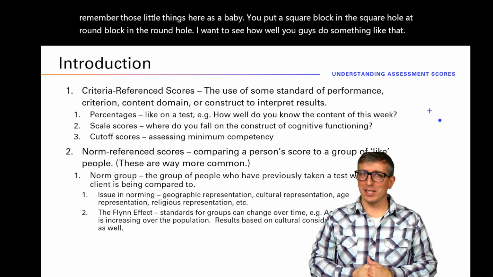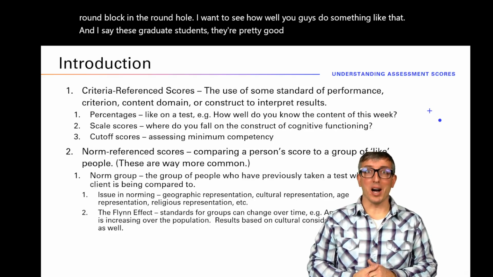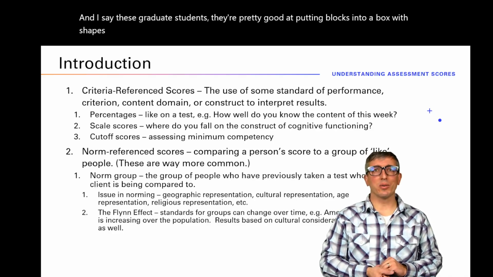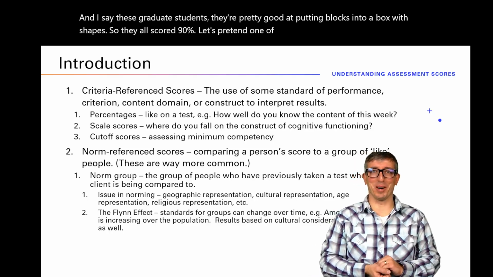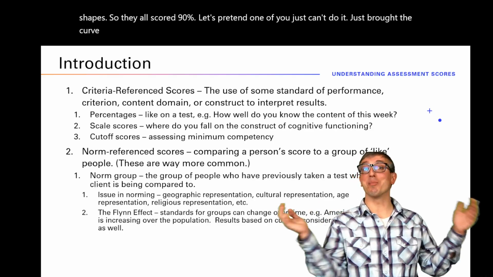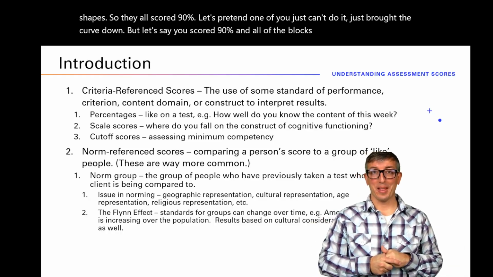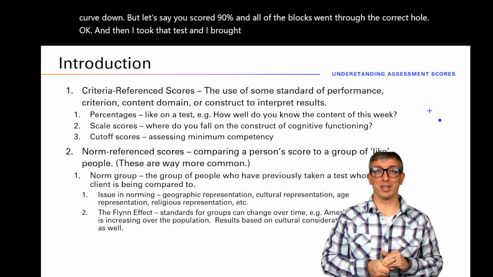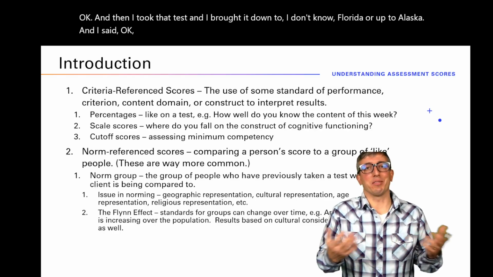And I say, well, these graduate students are pretty good at putting blocks into a box with shapes. So they all scored 90%. Let's pretend one of you just can't do it and brought the curve down, but let's say you scored 90% and all of the blocks went through the correct hole. And then I took that test down to Florida or up to Alaska. And I said, okay, the test isn't really for graduate students.